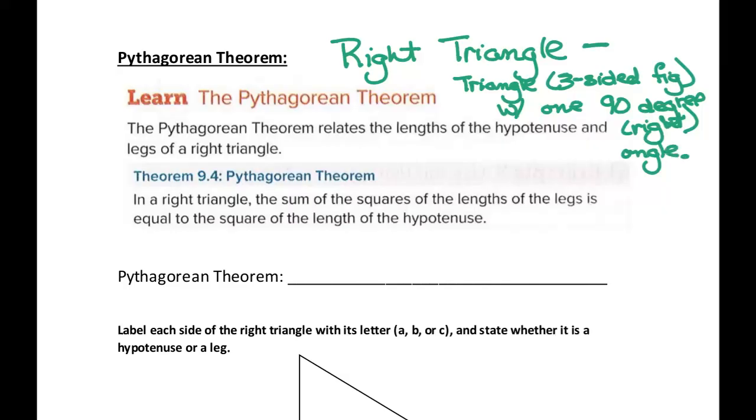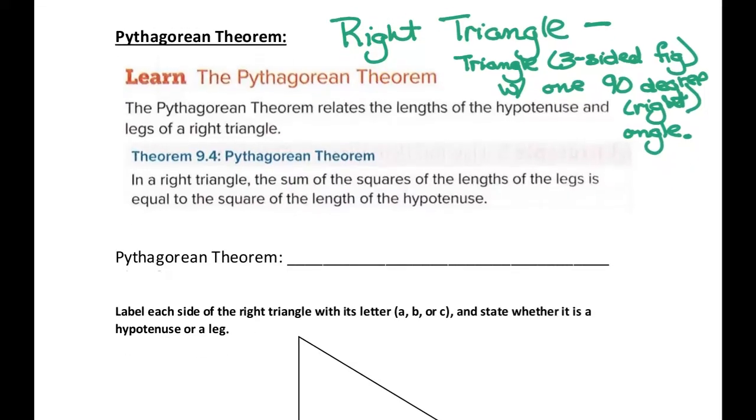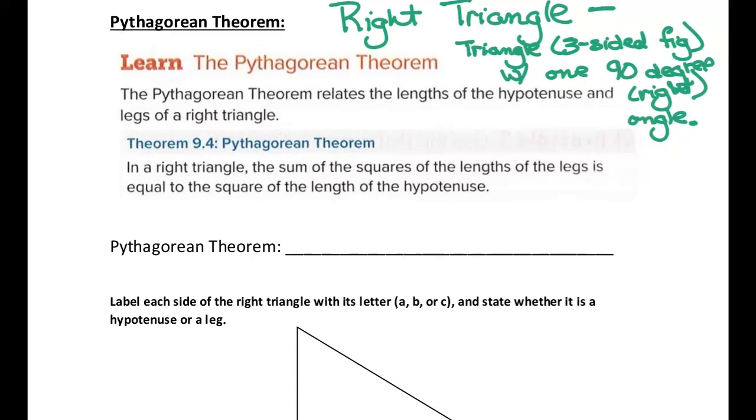All of these involve a right triangle, and a right triangle is a three-sided figure that has one 90-degree right angle. It can only have one. It can't have two. It can't have three, but it can only have one. Okay?